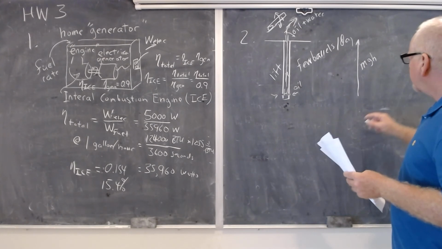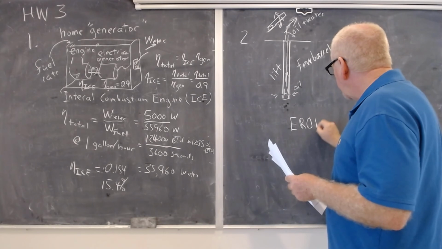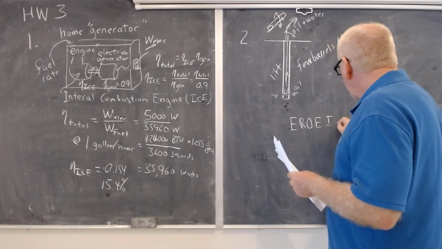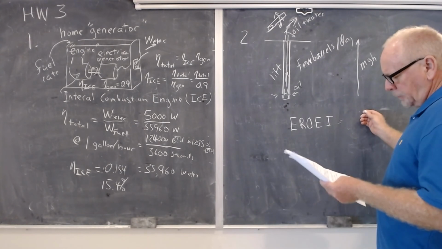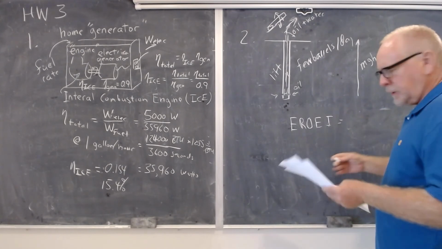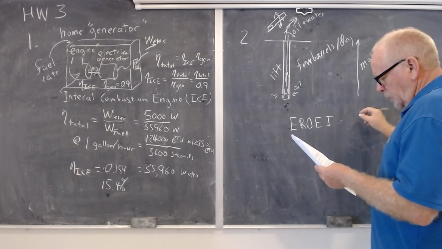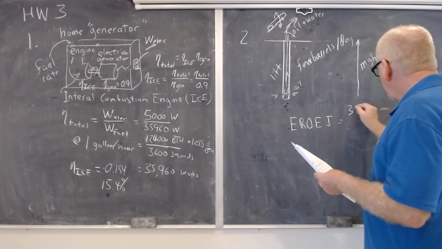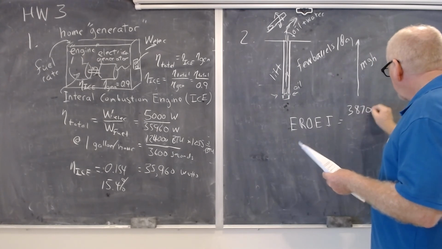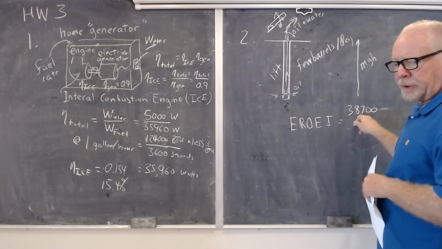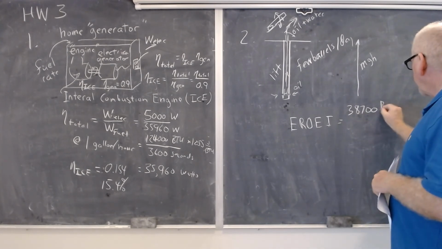So basically, the energy returned on the energy invested is equal to the energy content of the oil, because I'm saying 100% efficiency. And that's 38,700. You can look that up in the notes. That's the average for crude oil, BTU per kilogram.